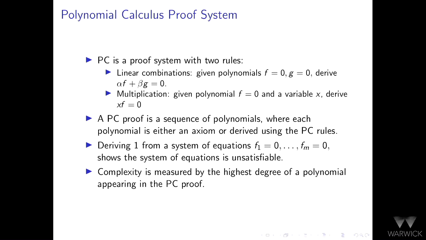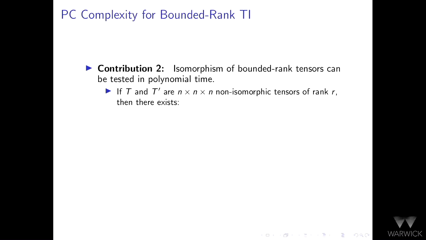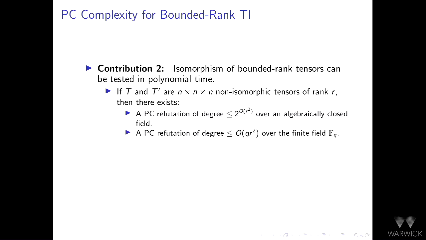So we first take a look at the case of bounded rank tensors and show that actually isomorphism of bounded rank tensors can be tested in polynomial time. In particular, we show that if T and T prime are non-isomorphic tensors of the same rank R, then there exists a degree 2 to the power of order R squared PC proof over an algebraically closed field, or a degree order of R squared proof over a finite field F_q.